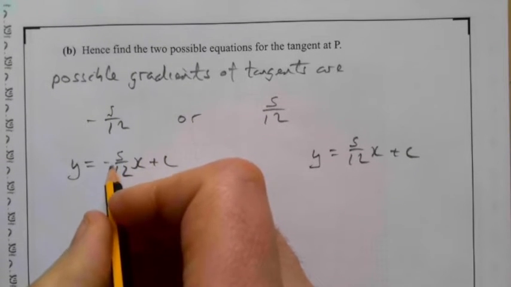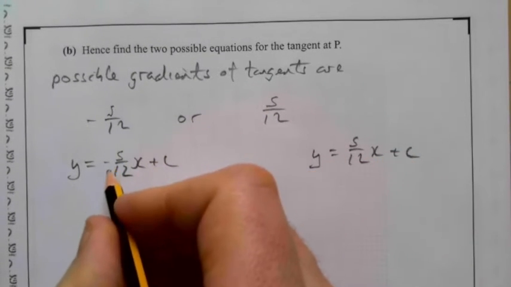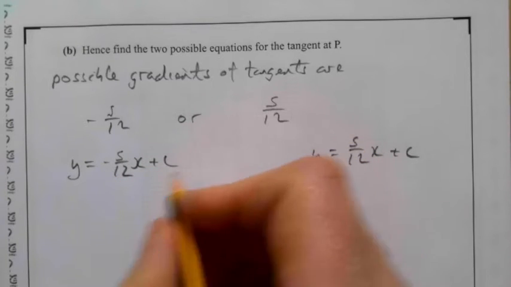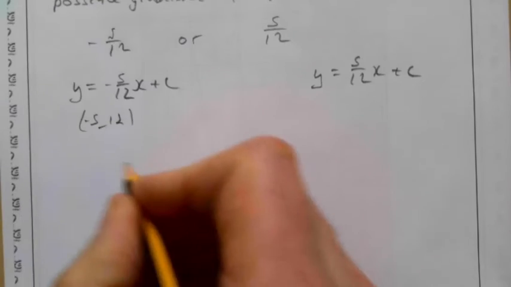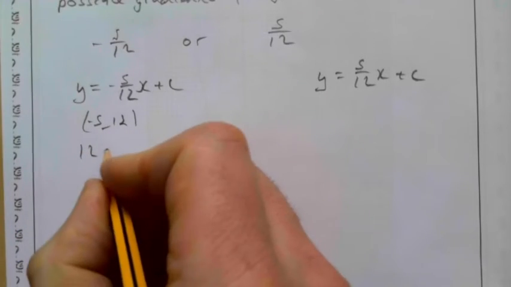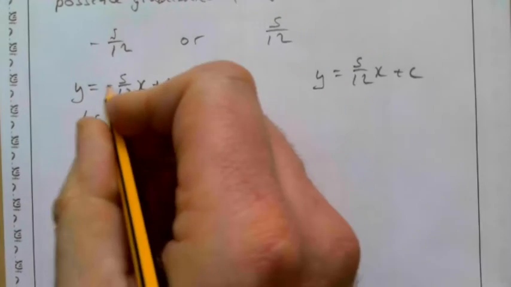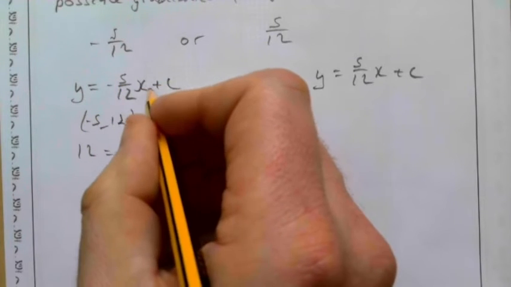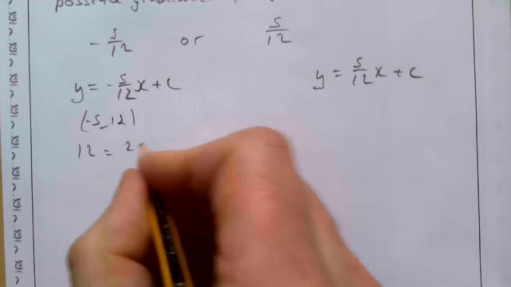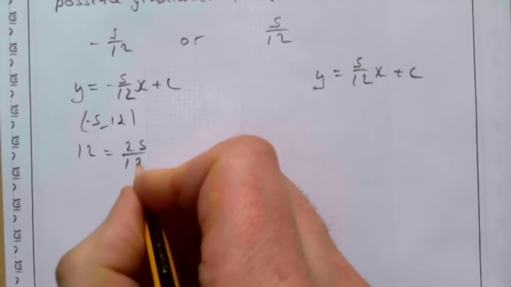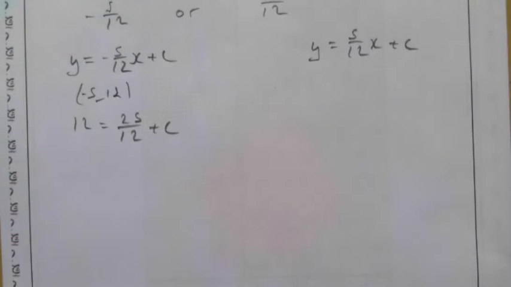We also need a point on the line, and we know on this one the point minus 5, 12 is on the line. That means 12 equals minus 5 over 12 times minus 5. That gives me 25 over 12 plus c.